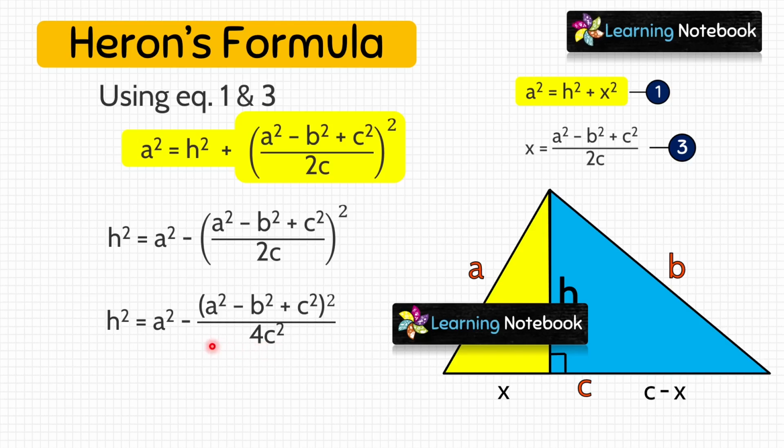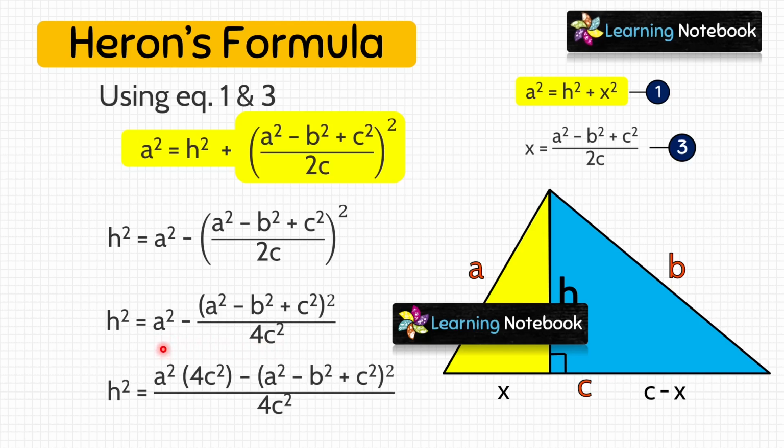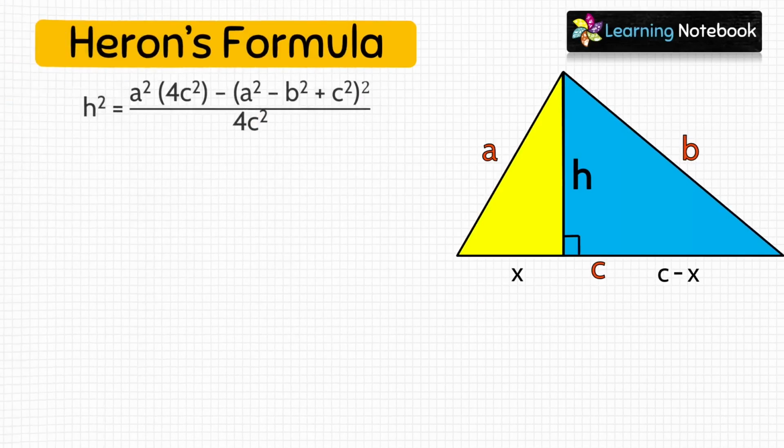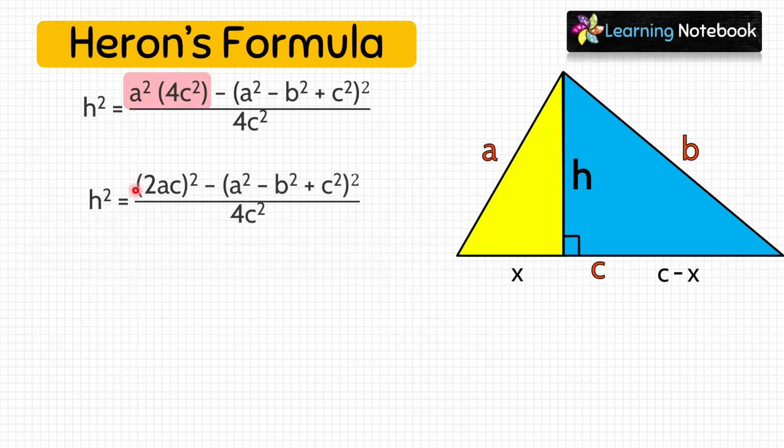Now we will take LCM and we get the value of h square as shown here. Now students, take a look at this highlighted term. This term can be written as 2ac whole square.